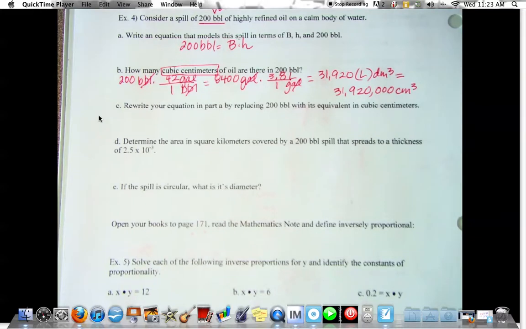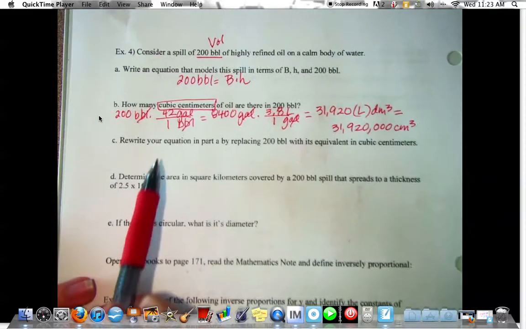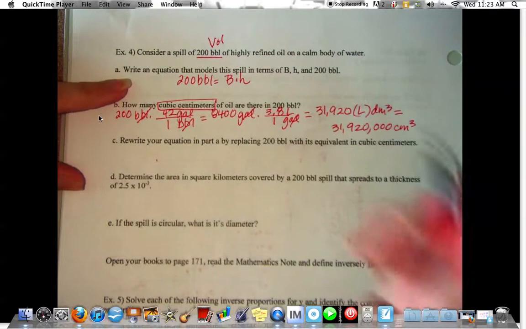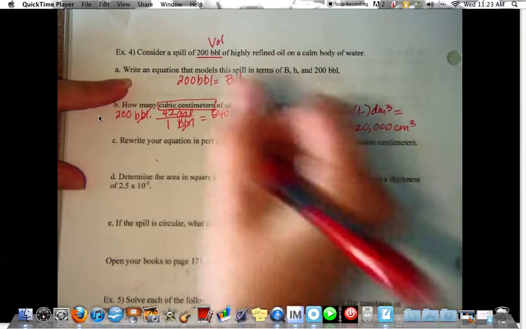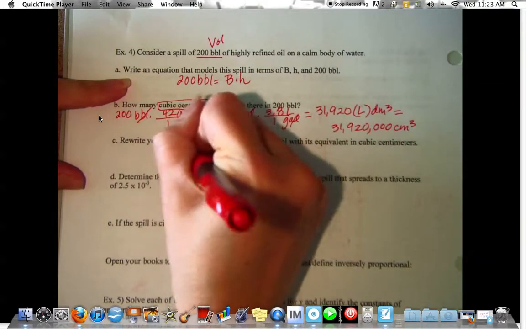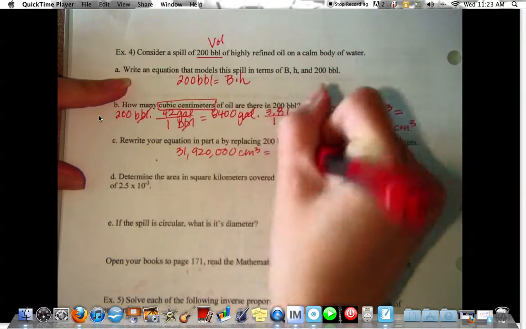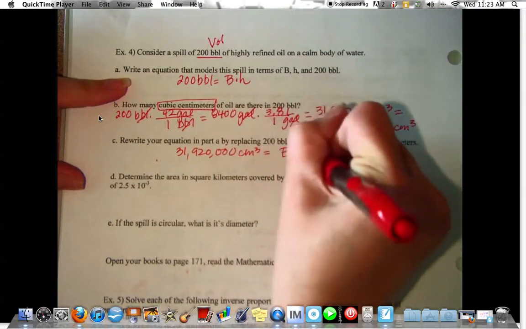Rewrite your equation in part A by replacing 200 barrels with its equivalent in cubic centimeters. So part A, we have 200 barrels equals base times height, so now we'll rewrite it as 31,920,000 cubic centimeters equals base times height.